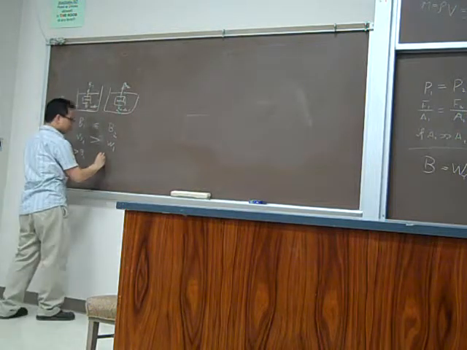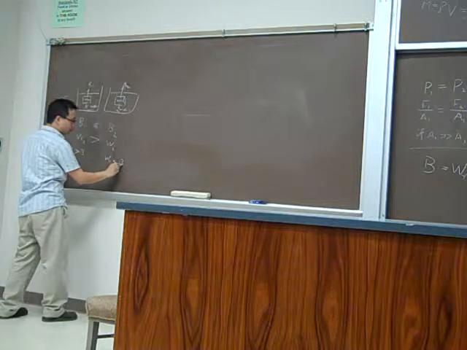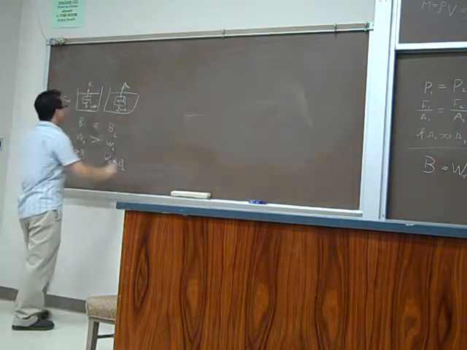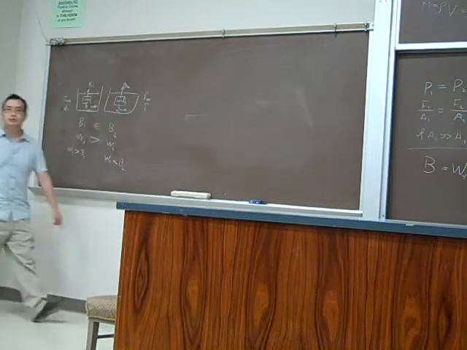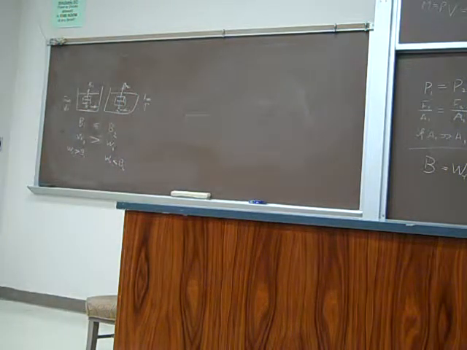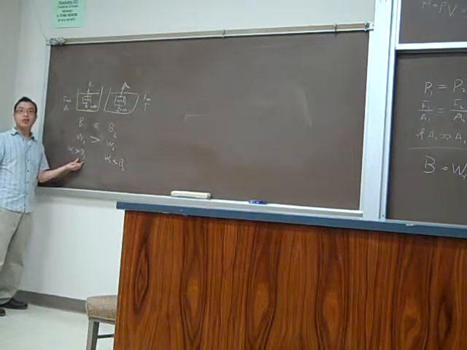And for this one, the weight is smaller than the buoyant force. So the net force is upward. So that's the reason. You need to compare the weight and the buoyant force.